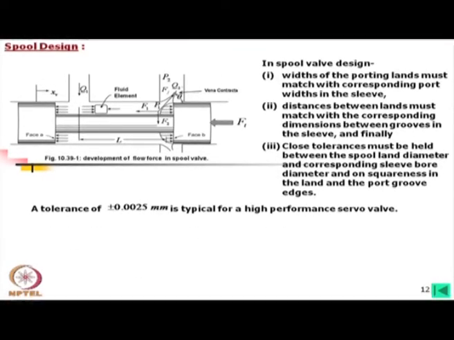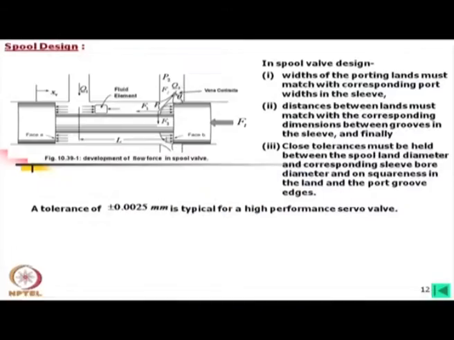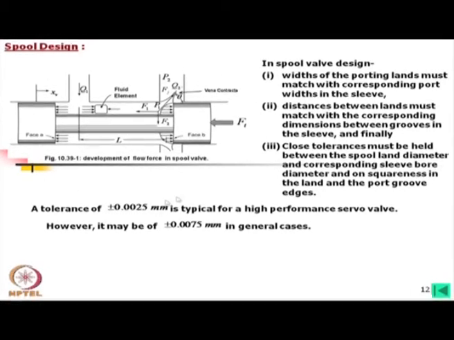A tolerance of, as you can see, 0.0025 millimeter. Look at the tolerance. This is typical for a high performance servo valve. To get this tolerance, not only dimension control, but also the surface finish is required. So, you can imagine how accurate machining is required.